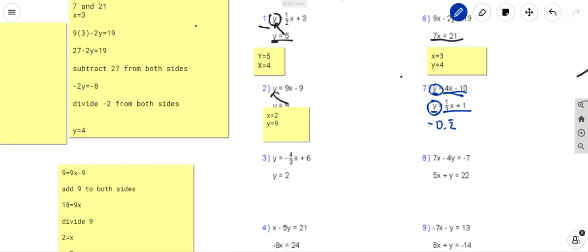Which is what would equal y, and x would equal.